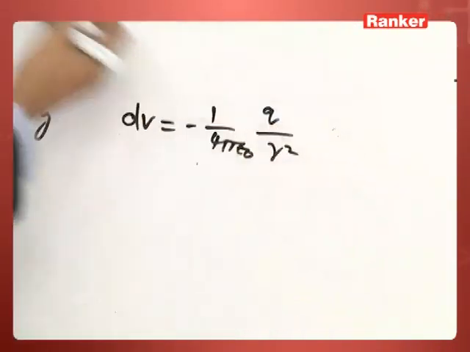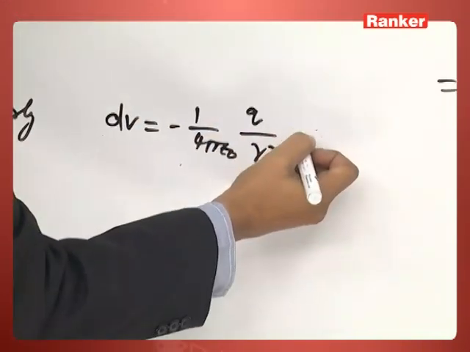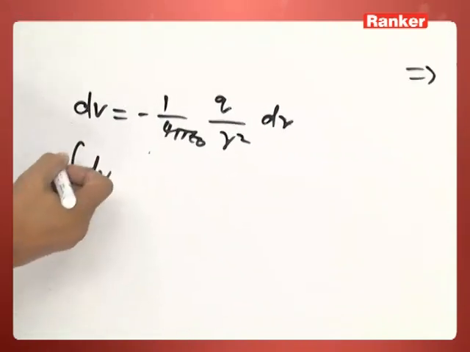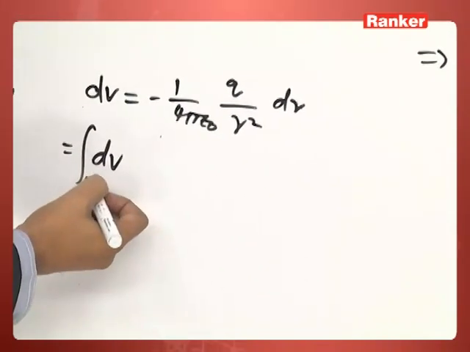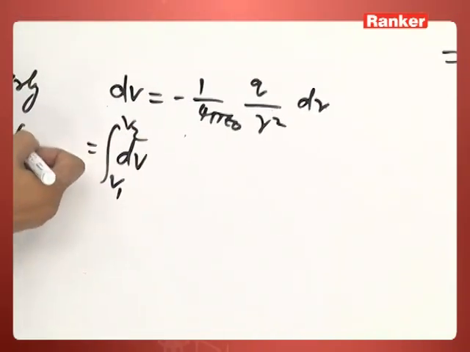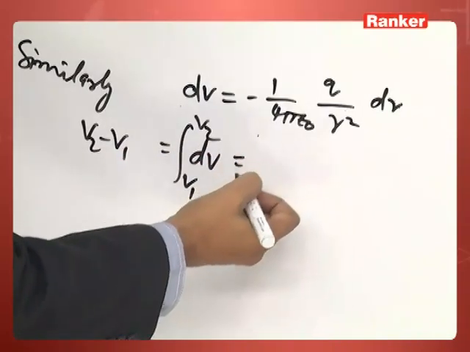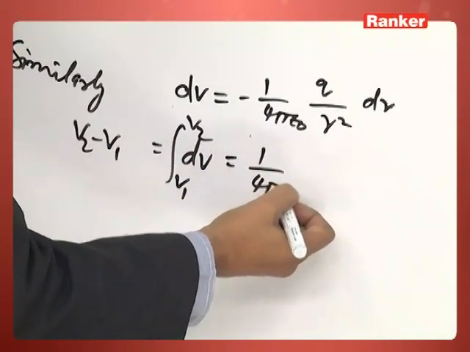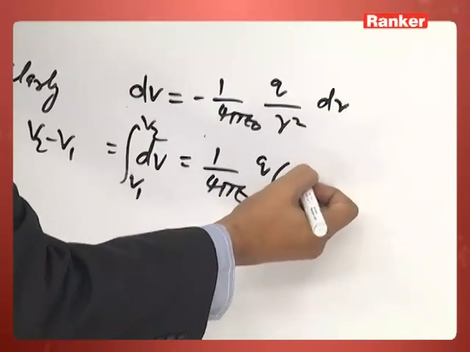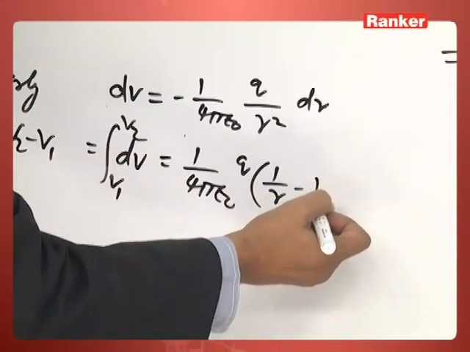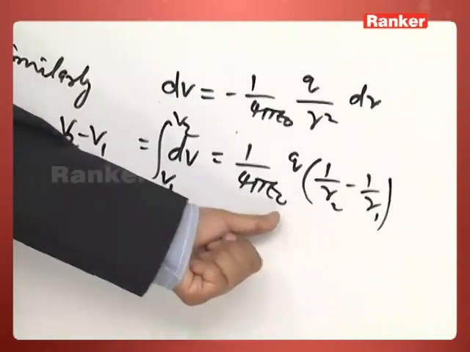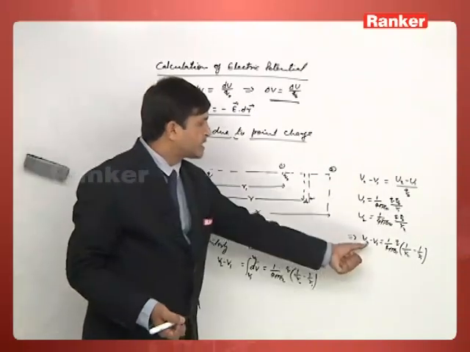The E value due to this charge is Q by R square, times dr, and now integrate from point 1 to 2, V1 to V2. So V2 minus V1 you will get 1 by 4 pi epsilon naught Q times 1 by R2 minus 1 by R1. Following the same method, we get the same expression as here.